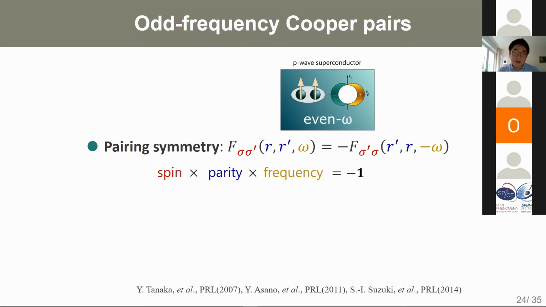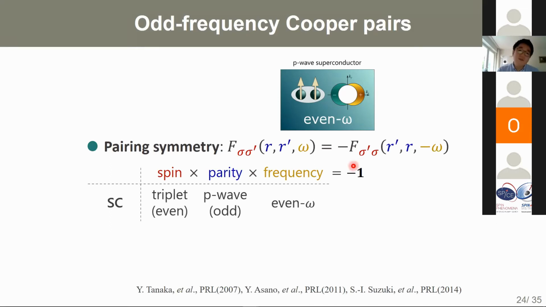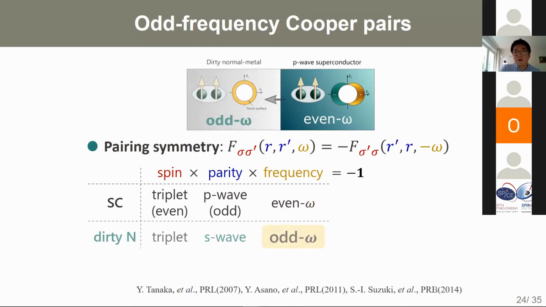If we look at the isolated, bulk P-wave superconductor, we find spin triplet P-wave pairing symmetry. It means it is even in the spin exchange and odd in the parity, the orbital exchange. So to satisfy this relation, we finally need even frequency. However, when we attach the dirty normal metal, the penetrated Cooper pair must have odd frequency.